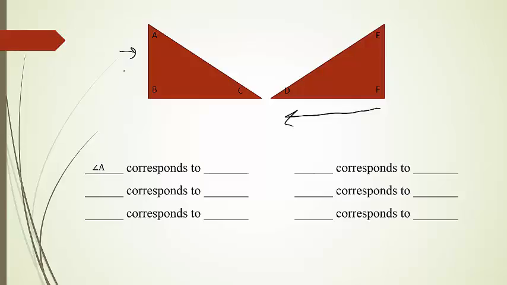And it's going to be angle E. So we call those corresponding angles. They're angles that would lay on top of each other if I moved the triangle so that they're facing the same way. Likewise, angle B and angle F are corresponding. And angle C will correspond to angle D.